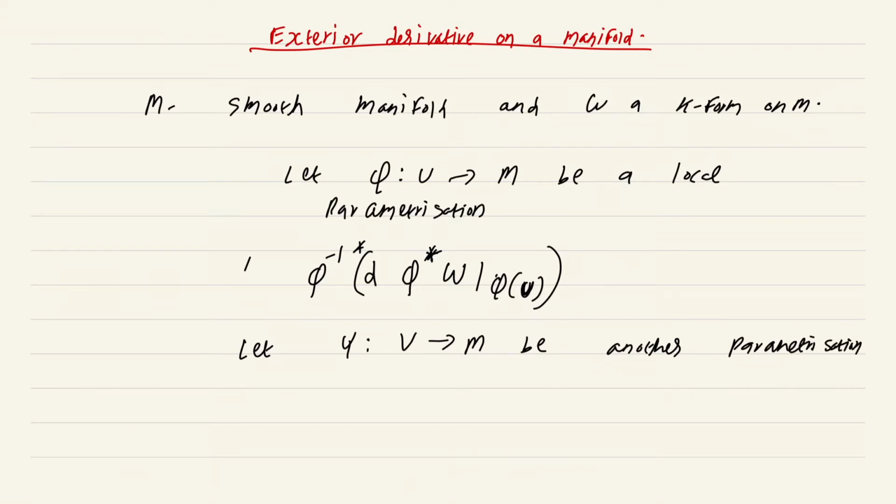such that psi of V and phi of U intersect. So we are in this situation where we are going to consider two local parametrizations whose images overlap. This would give you two, possibly different, forms on the overlap. So what we have essentially got to check is this complicated expression phi inverse star of d phi star omega.